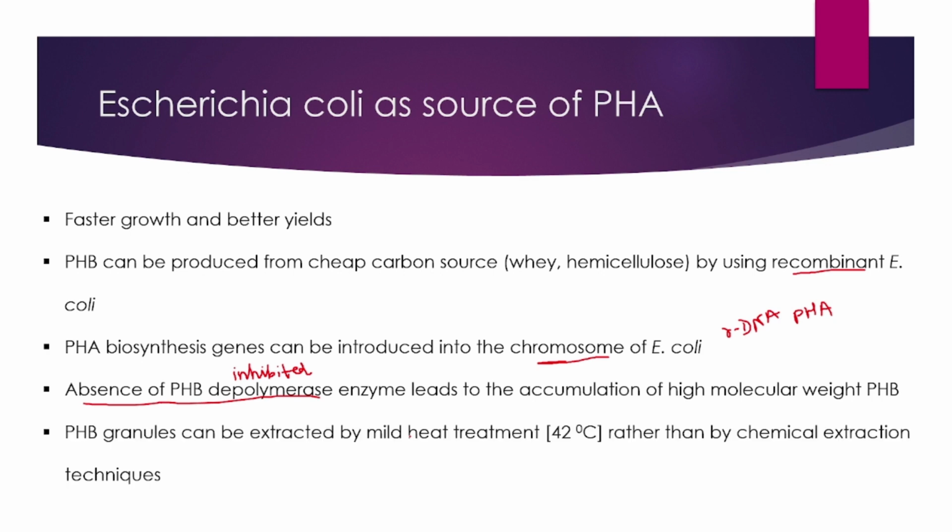And the last point is that PHB molecules can be extracted by mild heat treatment at 40 degrees Celsius rather than chemical extraction techniques. This is also one of the major advantages, that you do not have to use rigorous chemical extraction procedures. You can just use mild heat treatment and extract PHB granules from the E. coli.